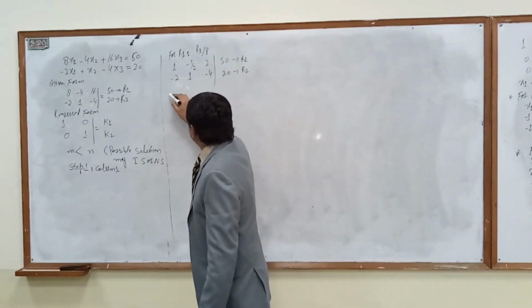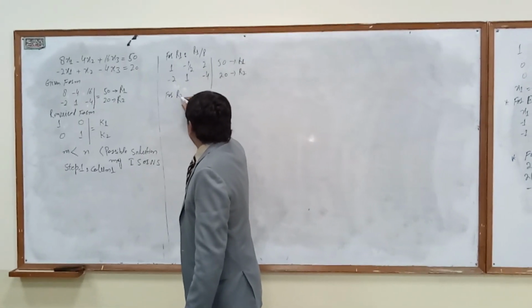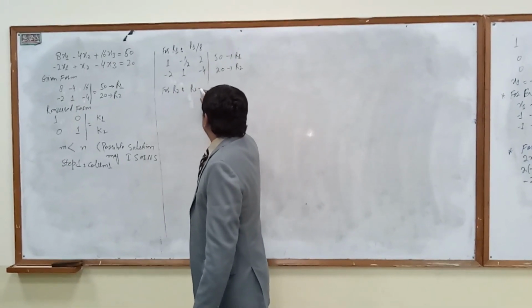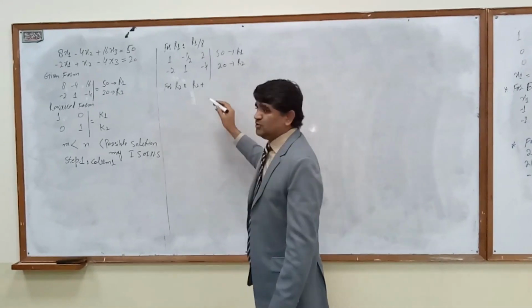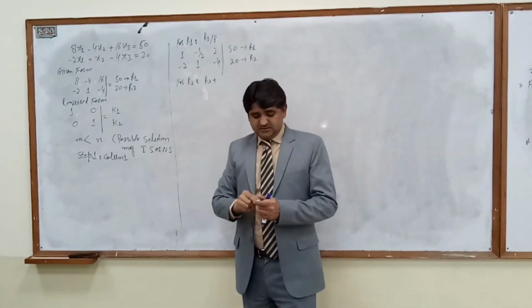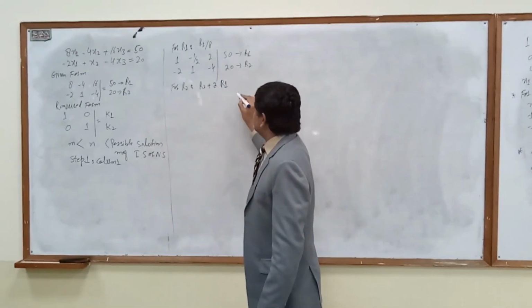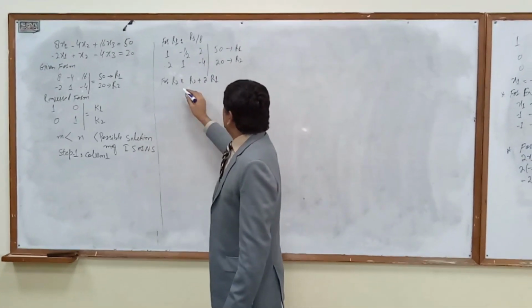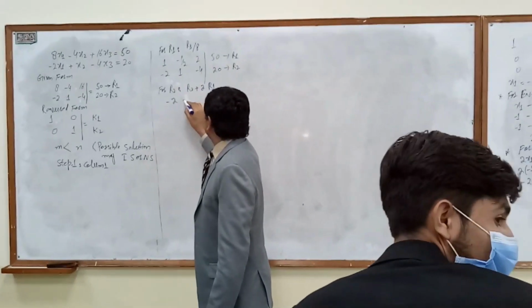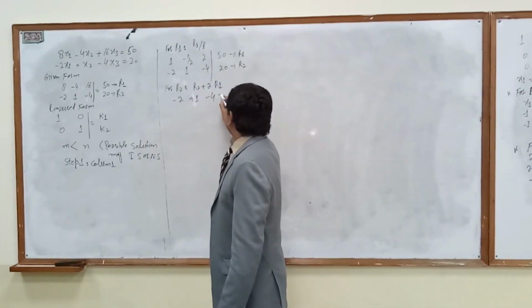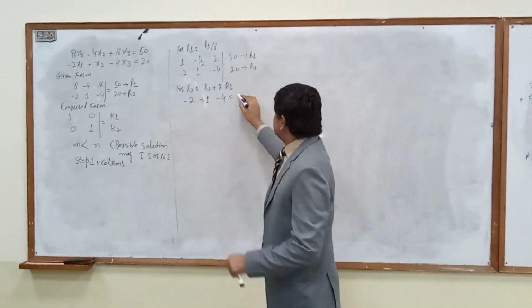So we solve row 2 plus 2 times row 1. What is row 2? Minus 2 plus 1 minus 4 is equal to 20.